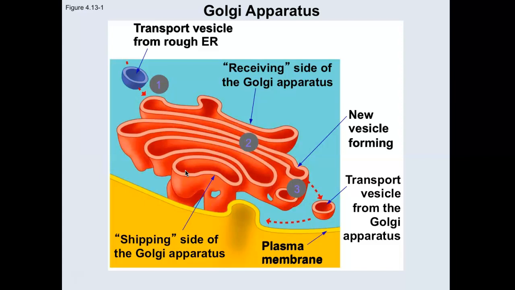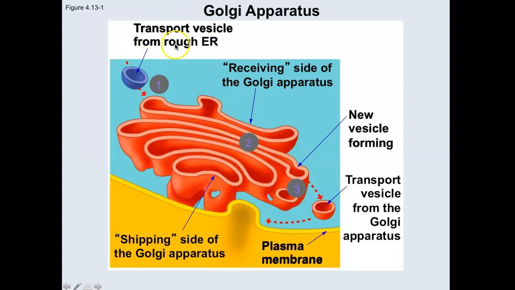So what does modify mean? Modify means to change slightly. So maybe a protein coming from the rough ER needs an oligosaccharide. We need to modify that protein to add a sugar group. That would happen at the Golgi. So the Golgi apparatus has a receiving side, and it also has an exit side. So it has an in and out.